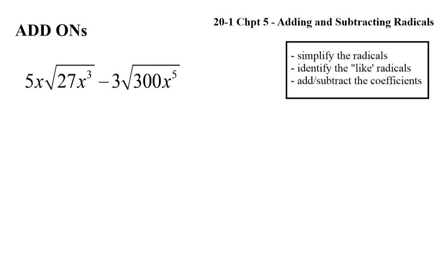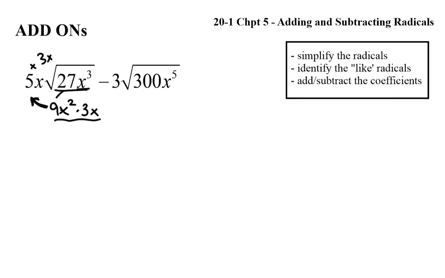So here we go. 27 is going to be 9 times 3, but also x cubed can be an x squared times x. So 9x squared will root out, and I'll still have a 3x, because 9x squared and 3x is still 27x cubed, but the 9x squared will root out, and I'll be multiplying by 3x.